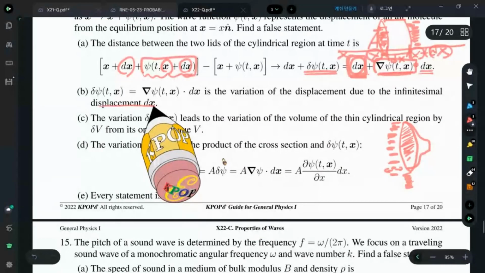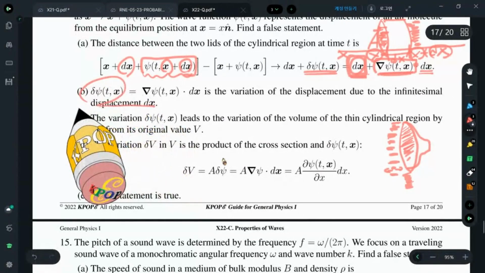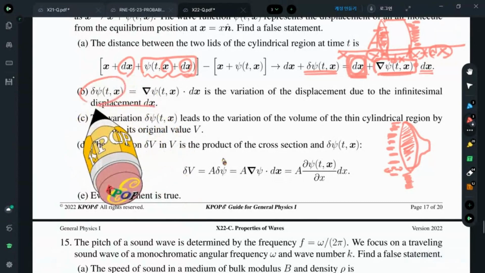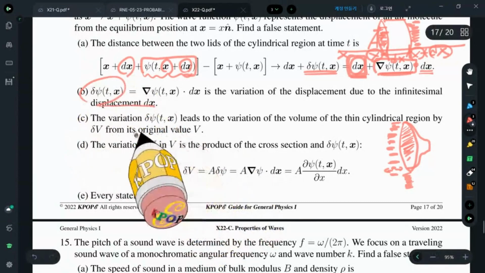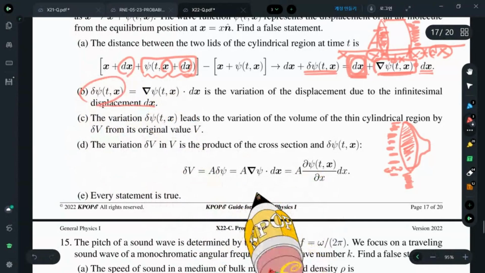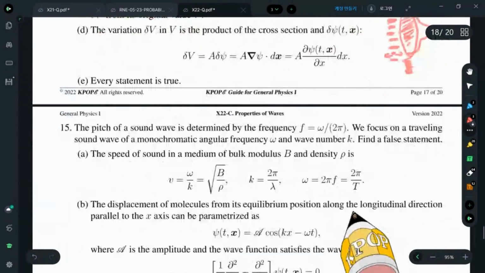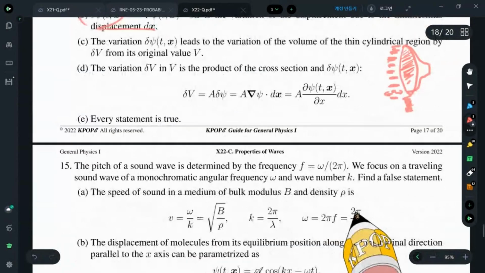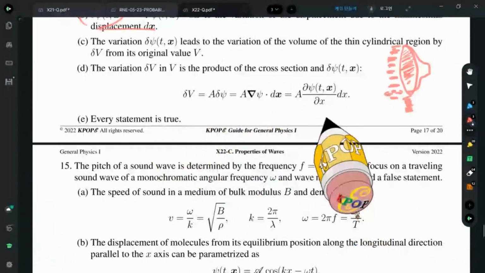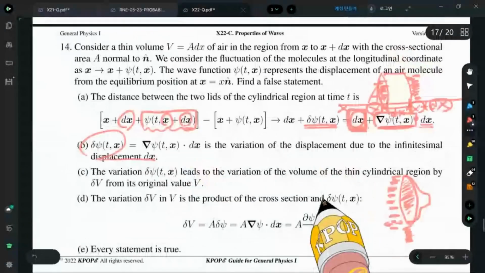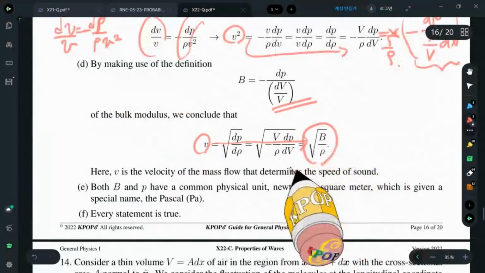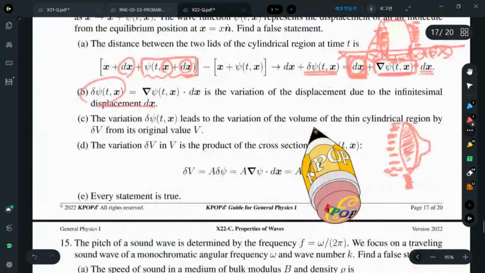If there is no air fluctuation, this one disappears, but this one we must consider. That is the reason. This is closely related to what we have done to compute the bulk modulus.